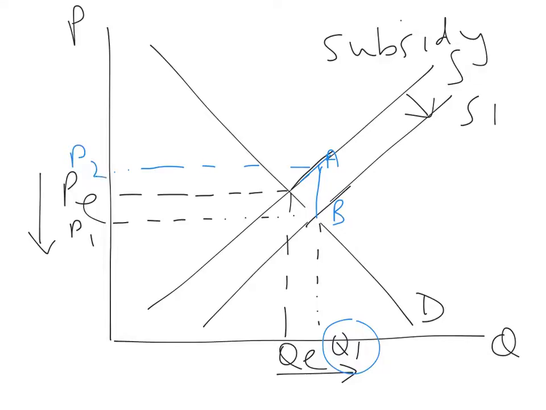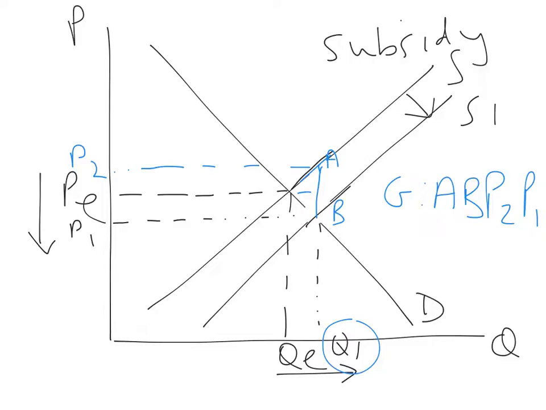Let's call that P2, just so that we've got some letters. Now, the government will be paying the whole amount of this subsidy, AB, and we are producing at Q1. And so the whole amount spent by the government is the rectangle AB, P2, P1.